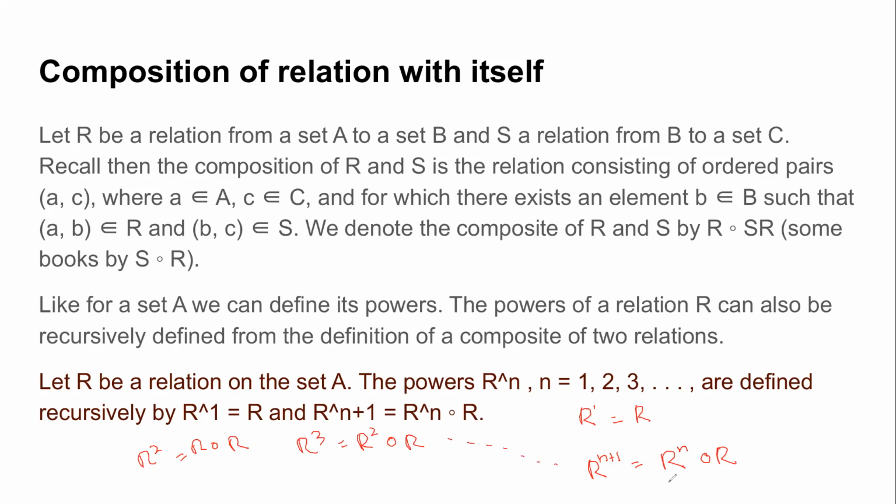You can generalize till n plus 1. So if you want to take powers of a relation, you can do it using composition. Powers of set using Cartesian product, and powers of relation using composition.